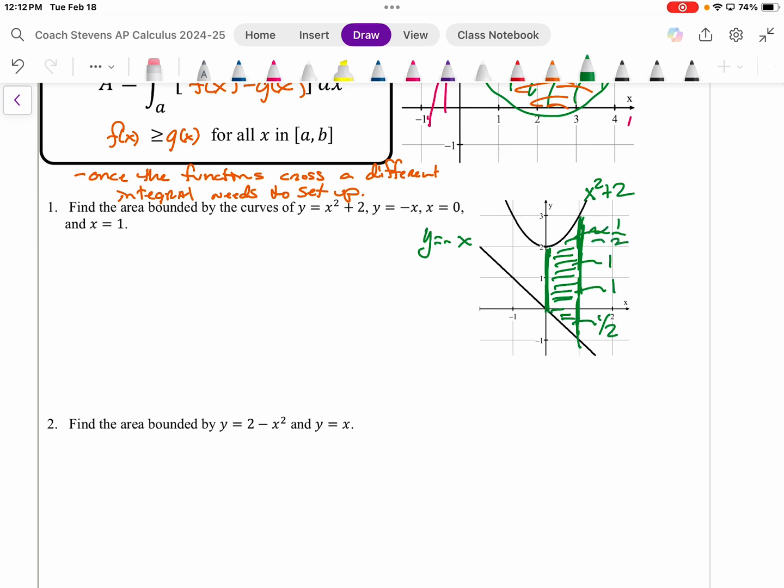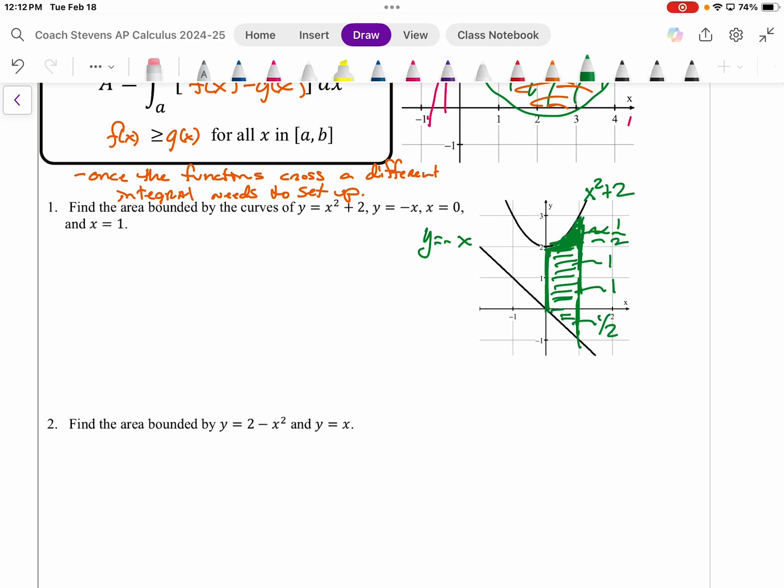I just don't know exactly. So if I was guessing on a multiple choice and I forgot stuff, I can at least narrow down some choices. I know it's going to be something bigger than 2.5. Probably around 3 something is what I'm thinking, because even that part up here in this little section here, that's somewhere close to a half. So I'm thinking it's close to 3.